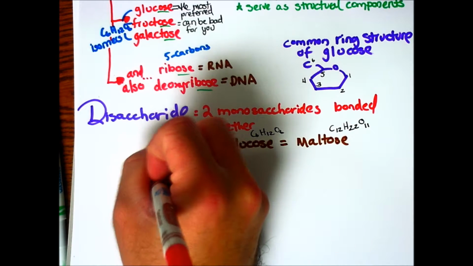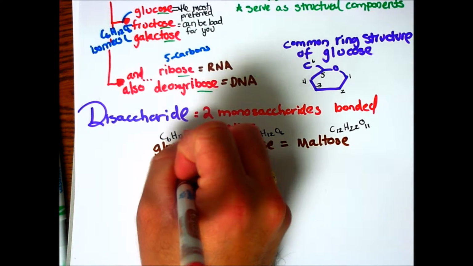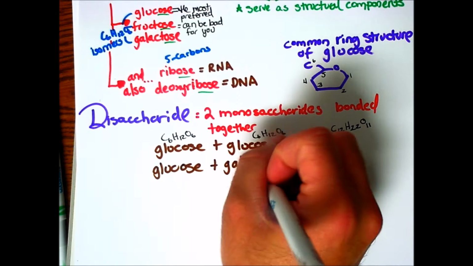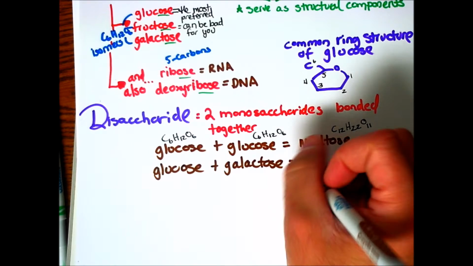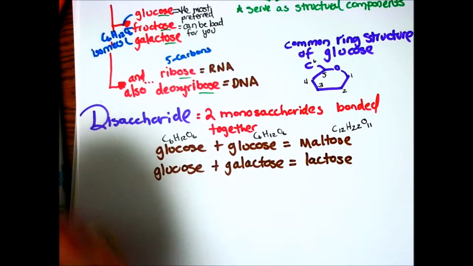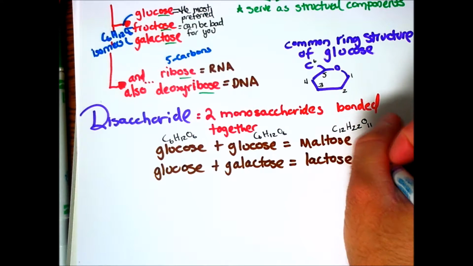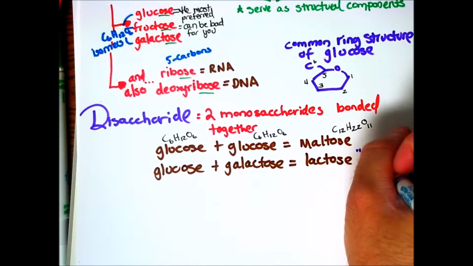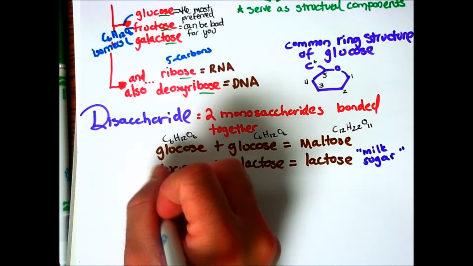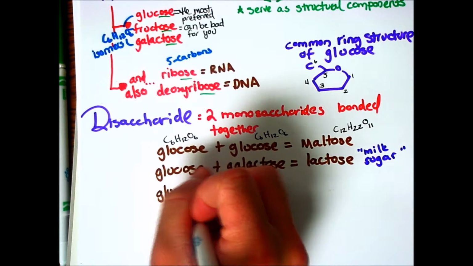Or you could take a glucose and bond it to a galactose. That's another monosaccharide. You would end up having lactose. That's milk sugar. Or you could take glucose. This is everyone's favorite.